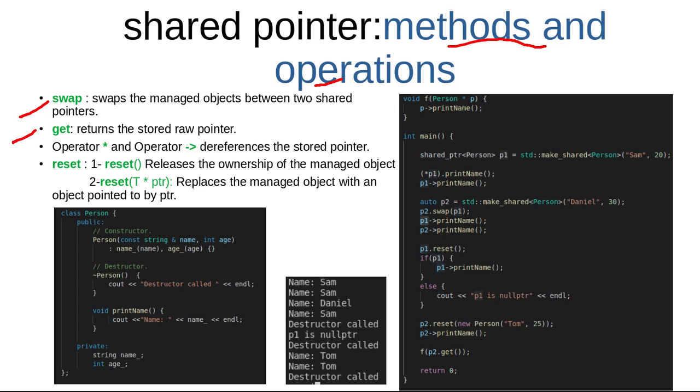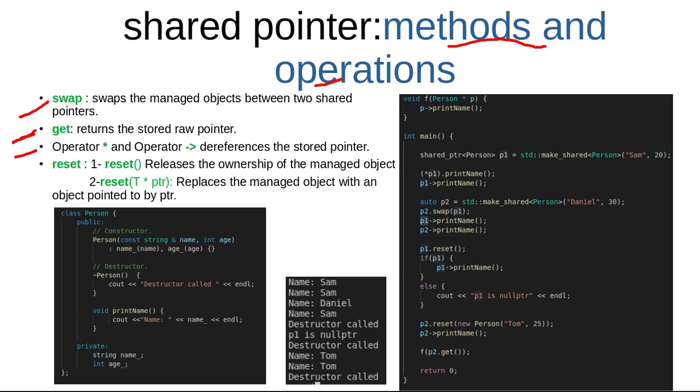Get: the shared pointer points to an object in the heap memory, but inside it there is a raw pointer, and you can get that raw pointer using the method get.